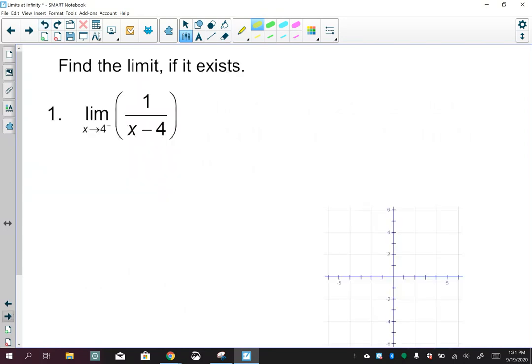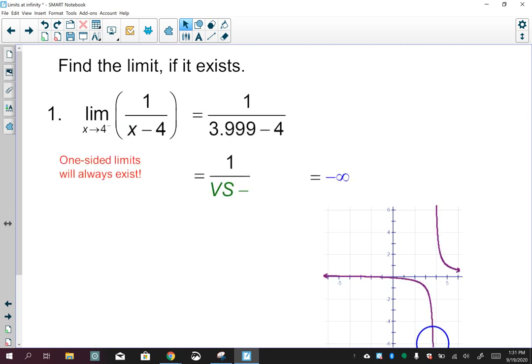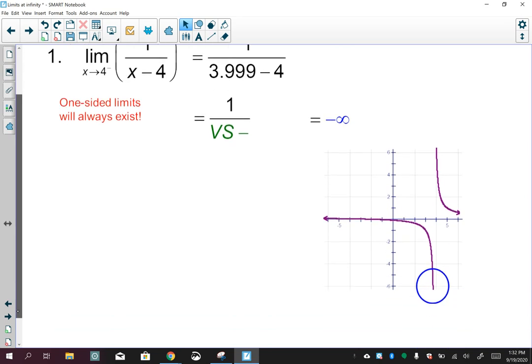So now we want to find out if the limit here does exist. I know if I take this 4 and I'm approaching it from the left-hand side, when I plug this in, I'm going to get a very, very small number. As I put my numbers in, I'm eventually going to be going down towards negative infinity.